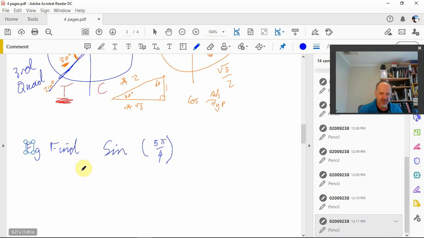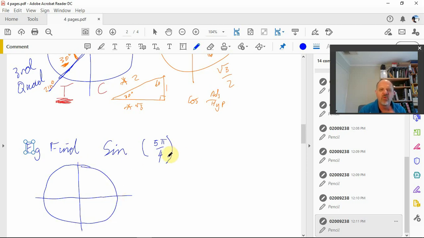All right, so unit circle, 5 pi on 4, 5 quarters of pi. So 5 quarters is 1 1/4. So remember, it's pi all the way to here. It's pi on 2. This is 3 pi on 2 here. So the one we're looking for is all the way around there. That's 5 pi on 4.